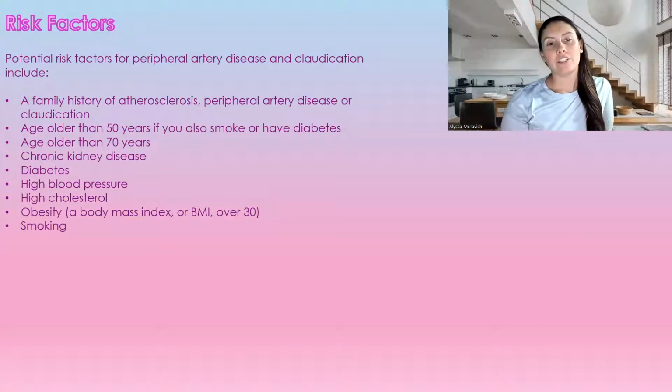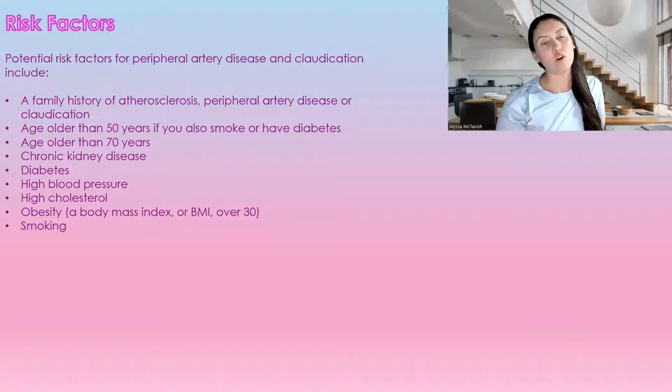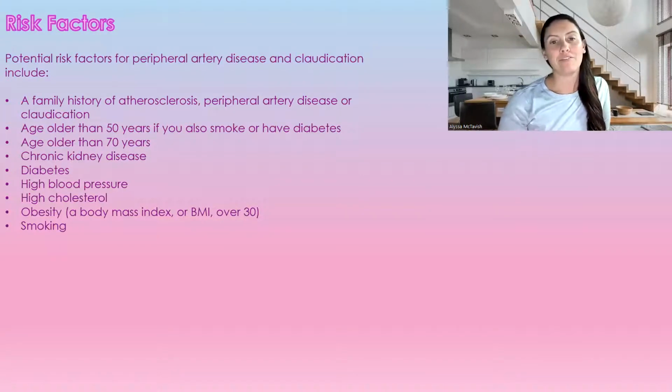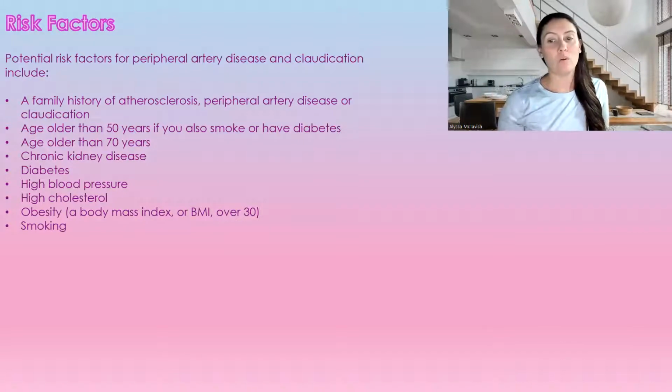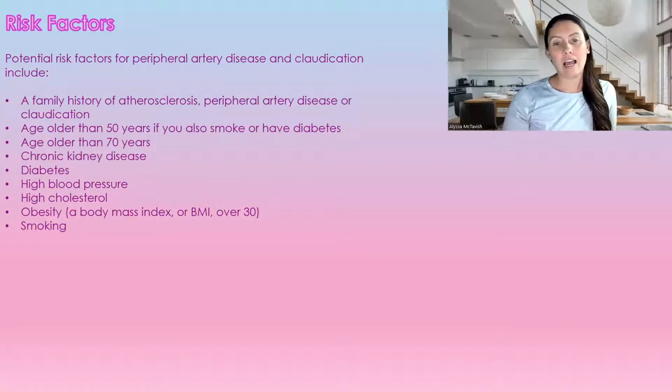So risk factors. Potential risk factors for peripheral arterial disease and claudication include having a family history of peripheral arterial disease or claudication, fat buildup in the arteries, being older than 50 and having smoked or having diabetes, being older than 70 years of age, chronic kidney disease, diabetes, high blood pressure, high cholesterol, obesity, and smoking.